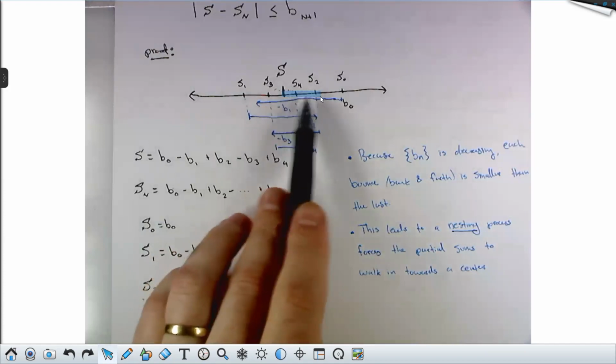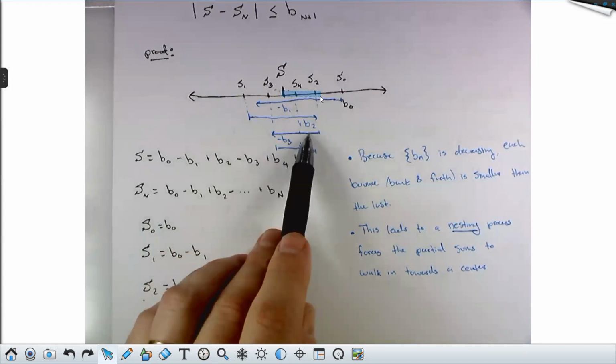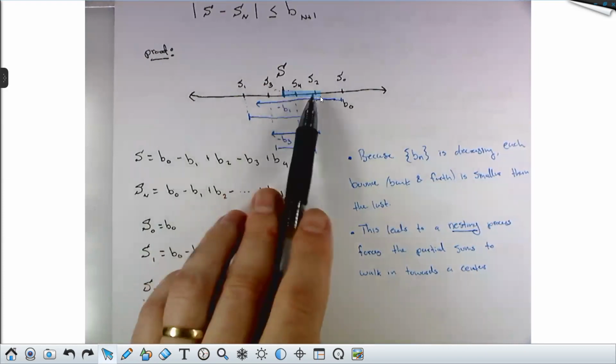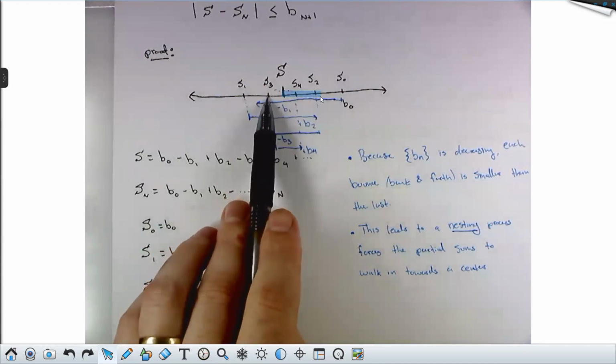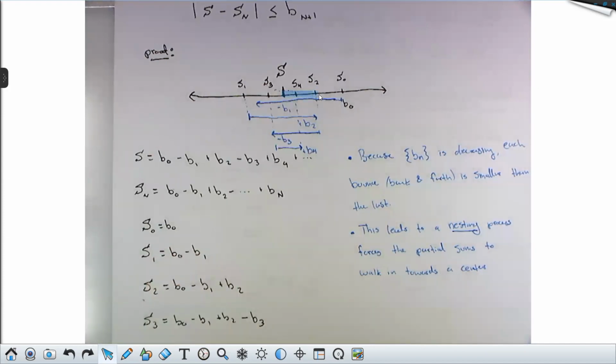This distance has to be smaller than B3, because to go from S2 to S3, we jump back over S. So the highlighted distance is smaller than this distance, because the distance from S to S2 fits inside the distance from S2 to S3. And the distance from S2 to S3 is B3.